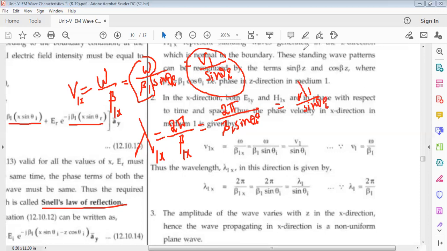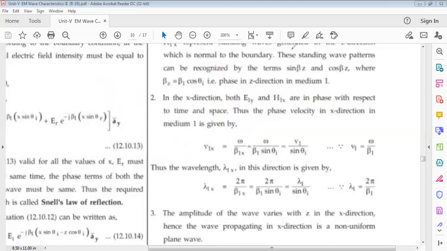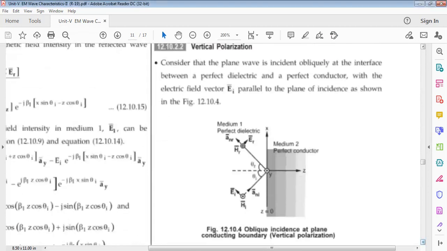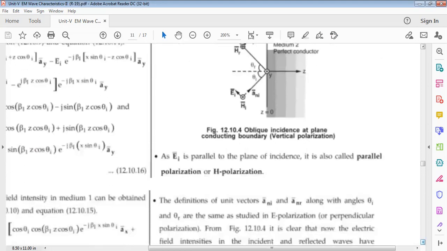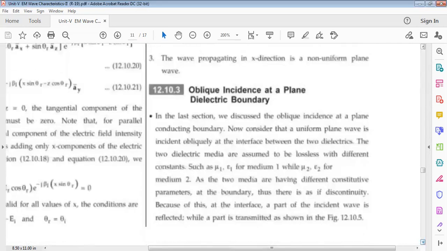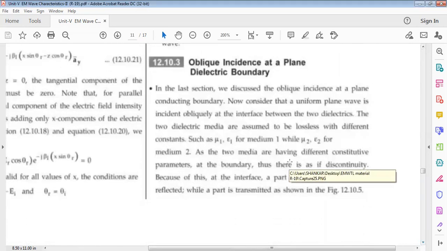Okay, my dear students, using these equations, now let us take another topic: oblique incidence at a plane dielectric boundary.